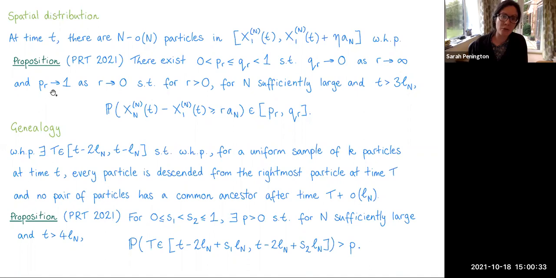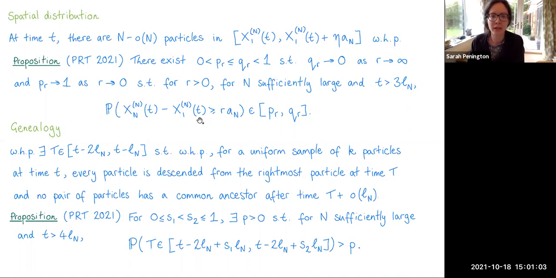And such that for a positive r, if you take n sufficiently large and time t large enough, then the probability that the difference between xnn of t and x1n of t is at least r times an is between PR and QR. So this is the position of the rightmost particle at time t, this is the position of the leftmost particle, and this is the diameter of the cloud of particles at time t.